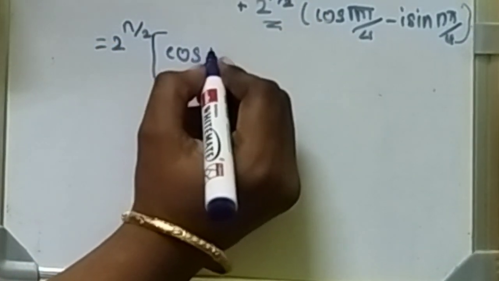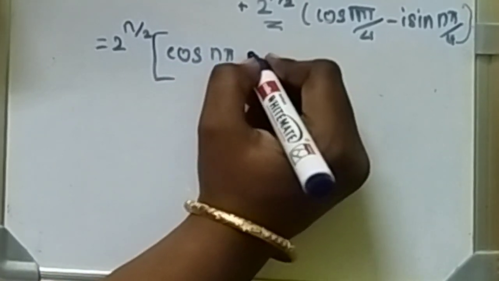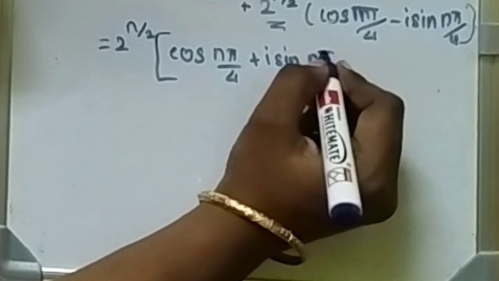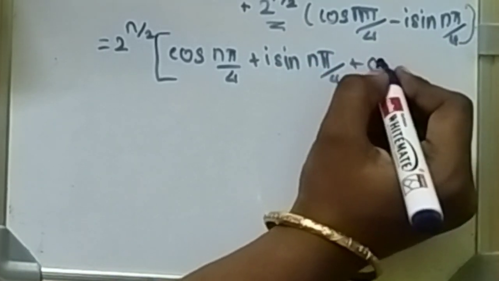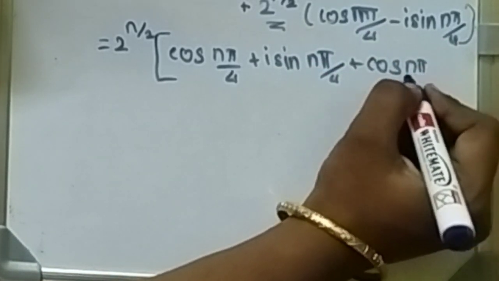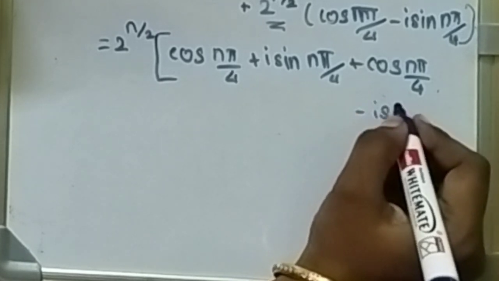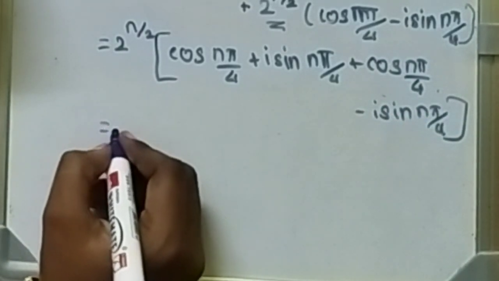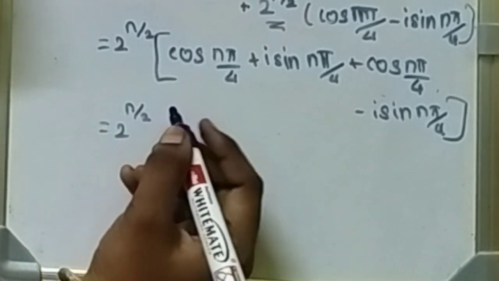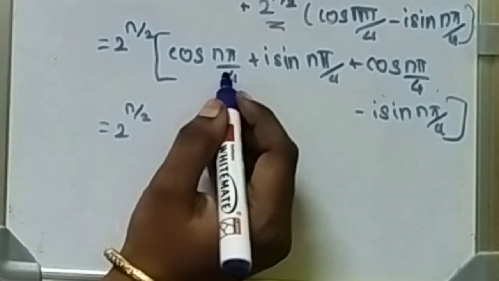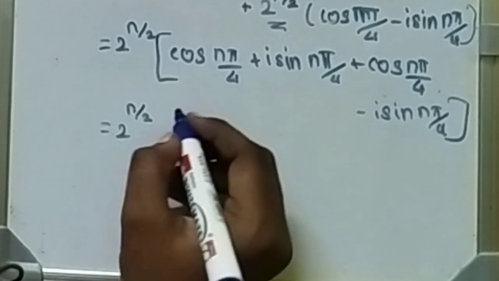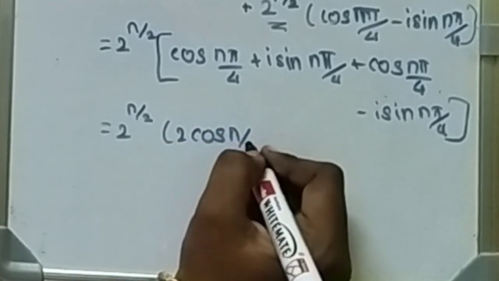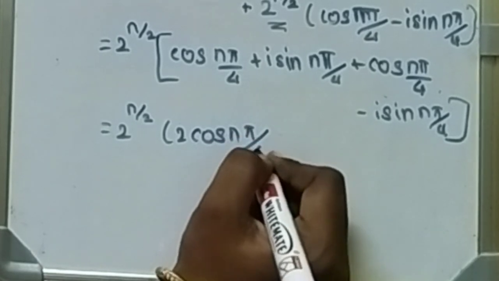Cos n pi by 4 plus i sin n pi by 4, plus cos n pi by 4 minus i sin n pi by 4. So 2 power n by 2, cos n pi by 4 plus cos n pi by 4 becomes 2 cos n pi by 4.